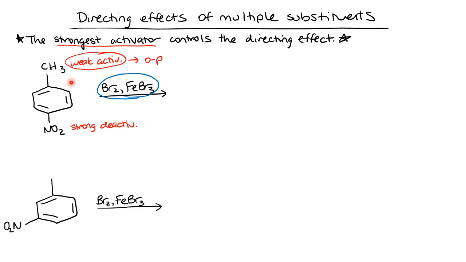So for our methyl group, we have 2 ortho positions, and our para position is currently occupied by the nitro group. So that means our incoming bromine will only go to the ortho position because that's the only one that's available. So we will end up with a bromine at the ortho position. And you can either draw it here or here. Either way, it's the exact same molecule.